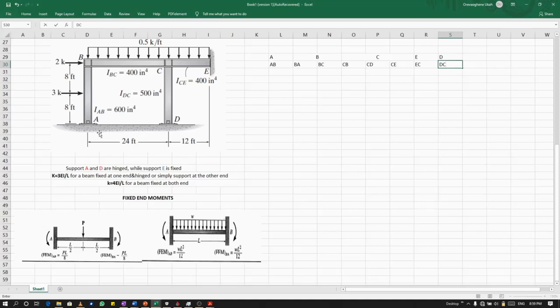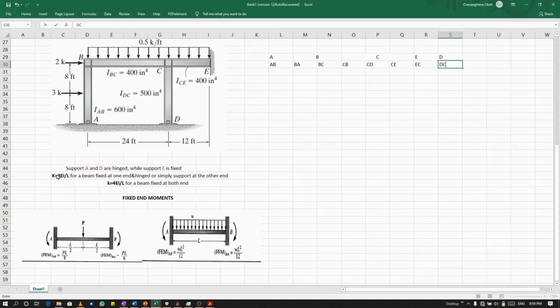For a hinge or pinned support, our stiffness is going to be 3EI over L, while for a beam fixed at both ends, our stiffness is going to be 4EI over L. So if you look at this particular beam now, you can see that A is pinned while B is fixed.